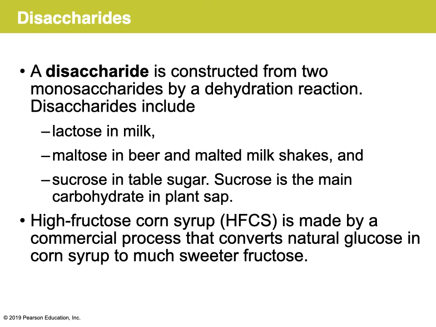Because that glucose gets switched to much sweeter fructose, you wind up with something that tastes sweeter, which means you don't have to use as much to get the same level of sweetness. But unfortunately, it has some other side effects which have been associated with increased obesity. And hopefully I'll get a chance to describe how that works a little later on.